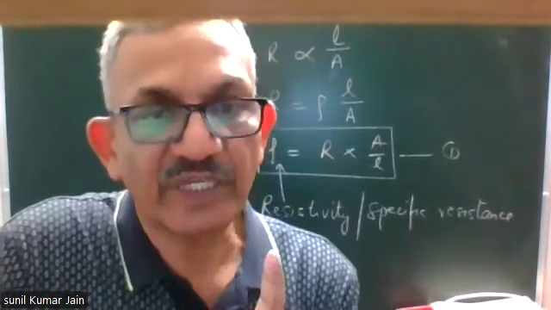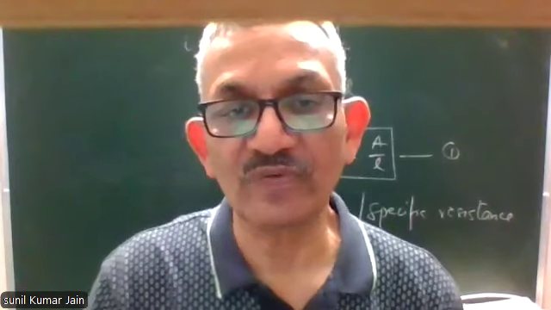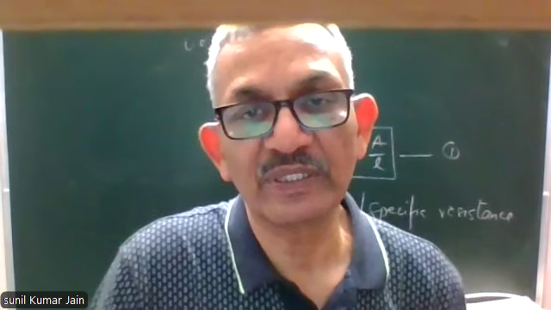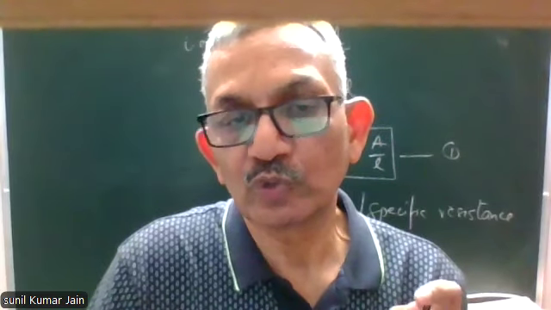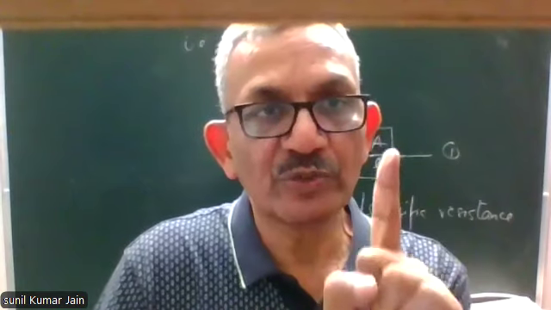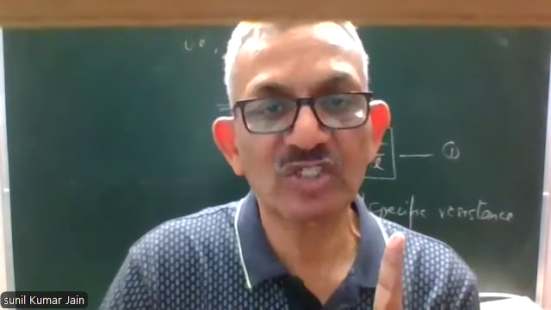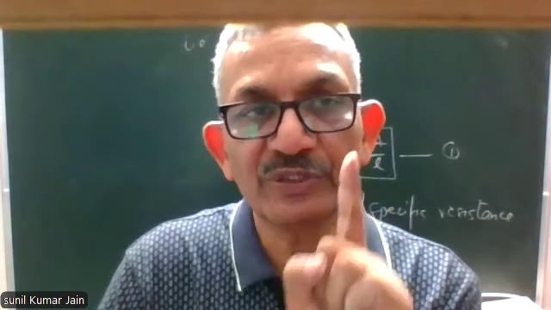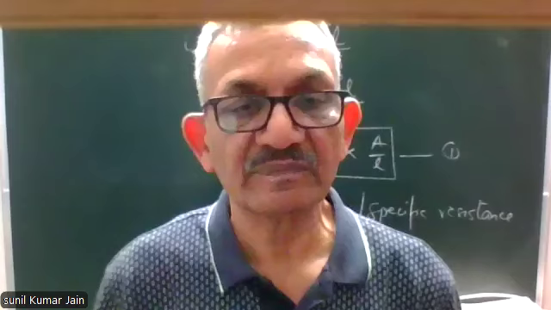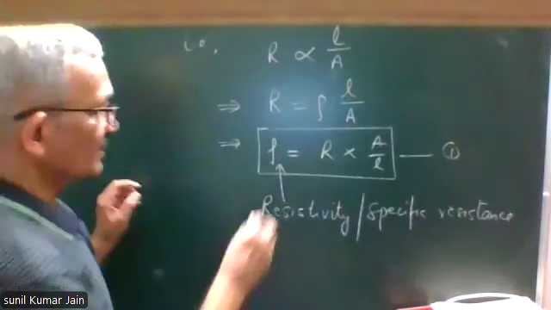Resistivity is defined as the resistance of solution placed between two electrodes of unit area of cross section placed 1 unit distance apart. Its units are ohm centimeter.